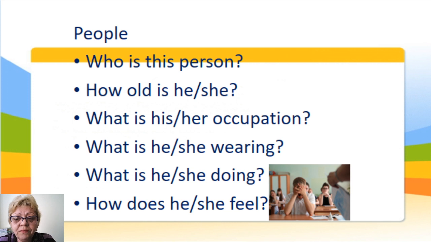Okay, what is he doing? The students are learning, they're listening to the teacher. And what about this particular boy? He is yawning. Do you remember the word to yawn? Зевать, yes? He is yawning. He closes his eyes with his hands.